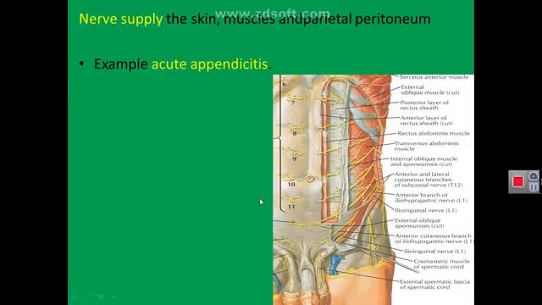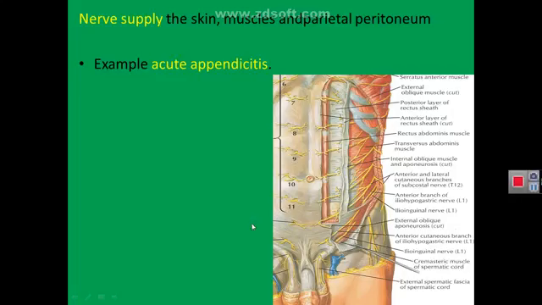So early inflammation of the appendix will produce referred pain around the umbilicus, but later on the inflamed appendix will enlarge much in size, and because it will be swollen, it will be in contact with the parietal peritoneum on the right iliac fossa, so there will be a shifting of pain from the early pain around the umbilicus to pain in the right iliac fossa, which is the region of the appendix.